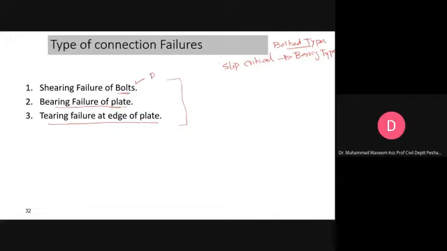These you can attribute to failure of the connected component. We have two types, tearing and bearing failure, and one is the failure of the bolts. So these three types of failure can occur in a bolted connection.